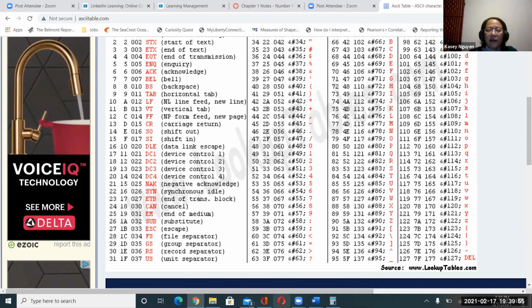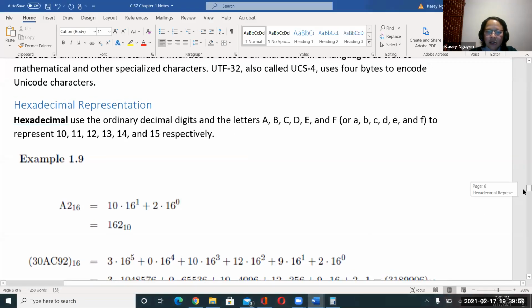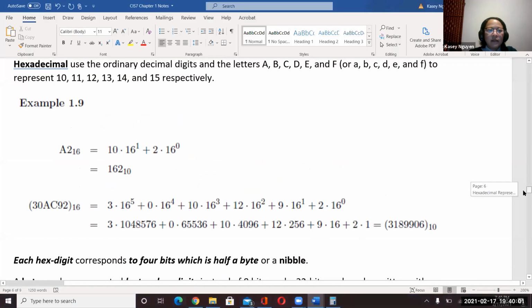All right, let's touch on the conversions. Let's say we need to convert hexadecimal back to decimal.